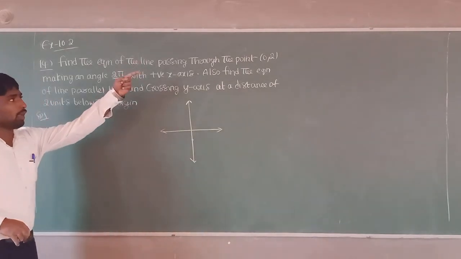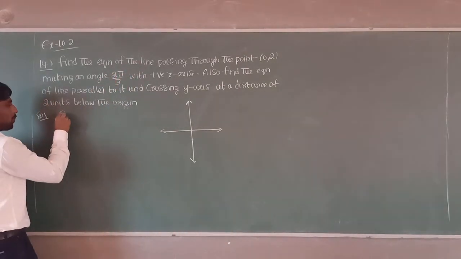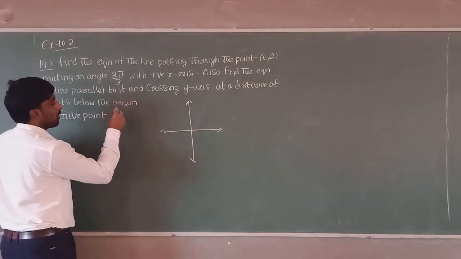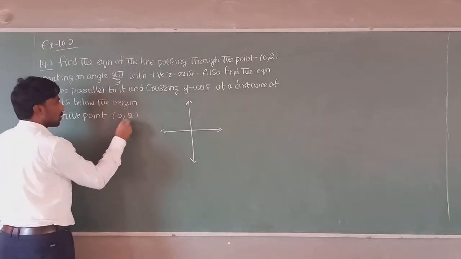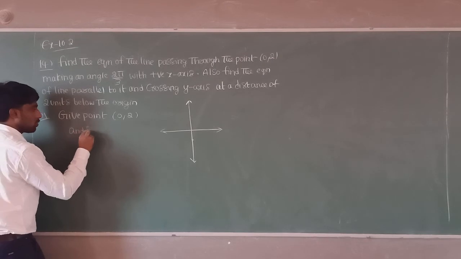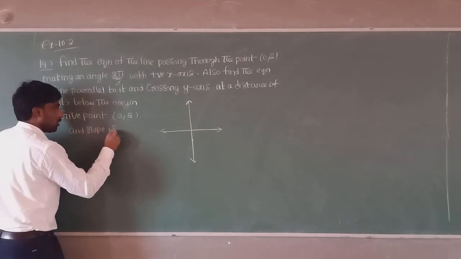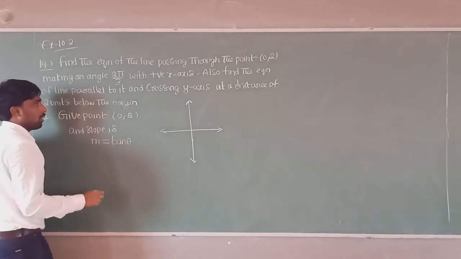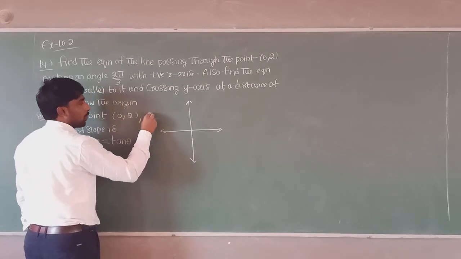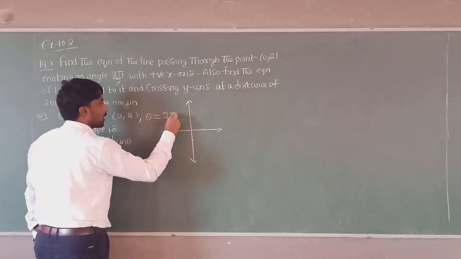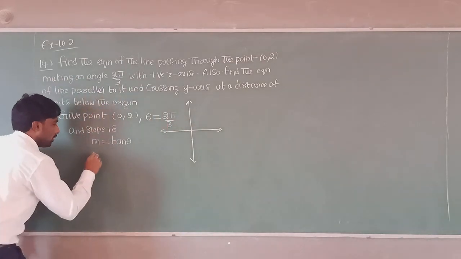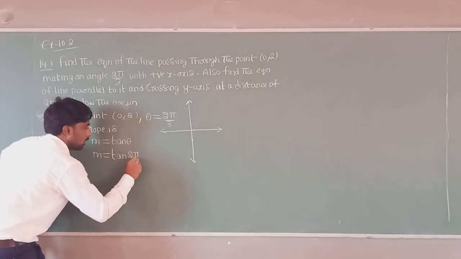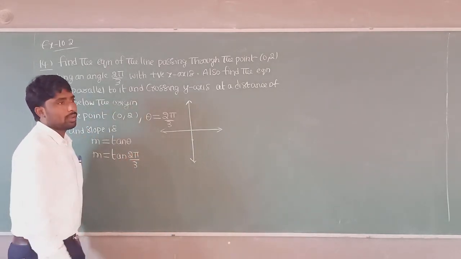So first of all, I have to find the equation of a line. The given point is (0, 2), and the slope is m equals tan theta. Here theta equals 2π/3 is given. So m equals tan 2π/3, which means tan of 120 degrees.